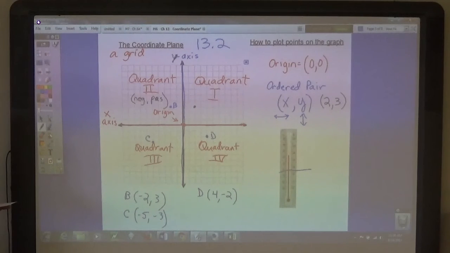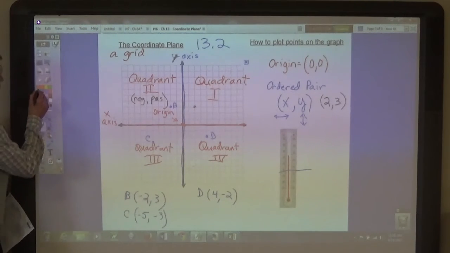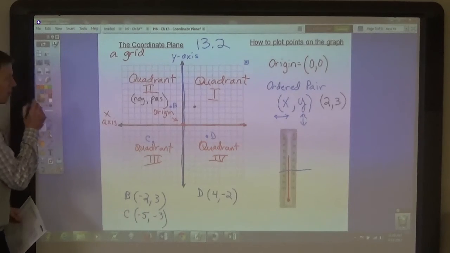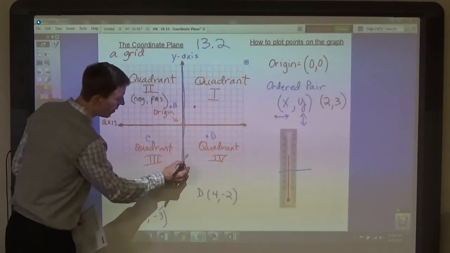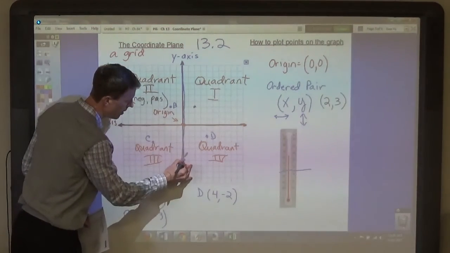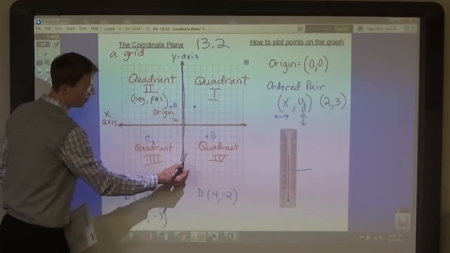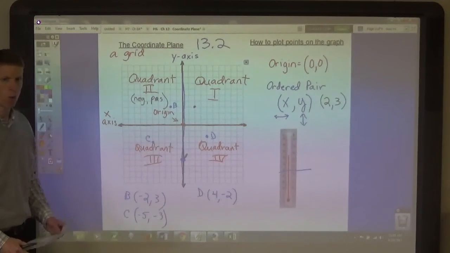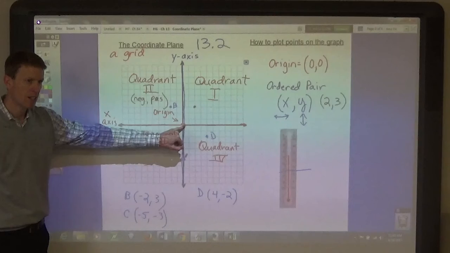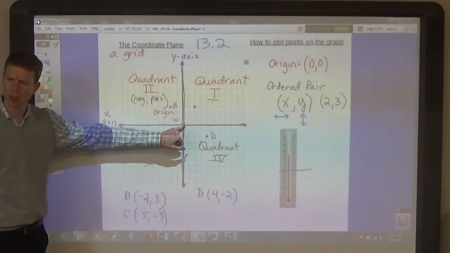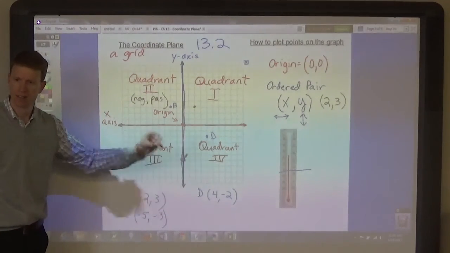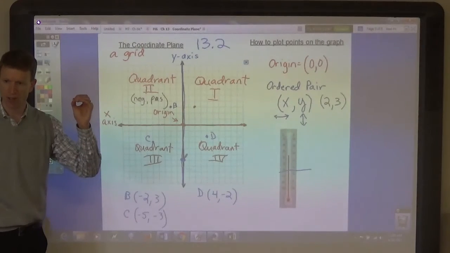Let's see. Oh, here's a question for you. How would you answer this? What quadrant is this point in? This point on the graph. The coordinates for it are, how far right and left do we go to get to this point? 0.